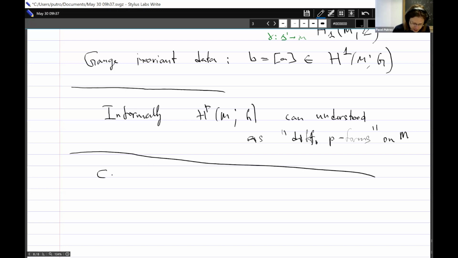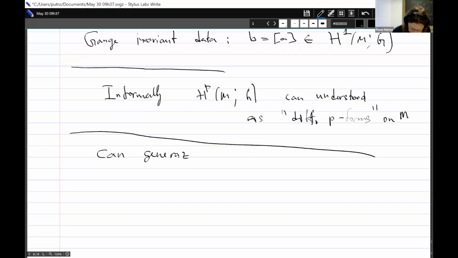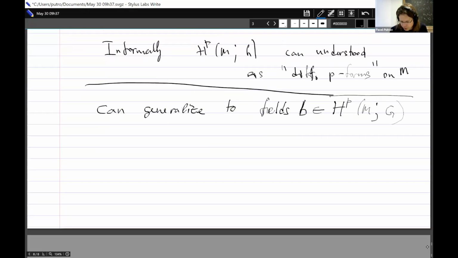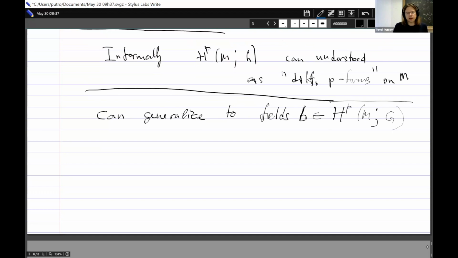So in principle, we can generalize it to fields valued in p-th cohomology.